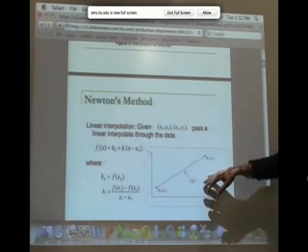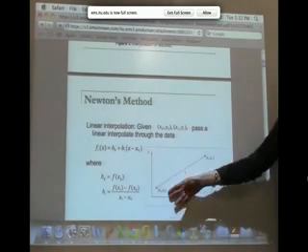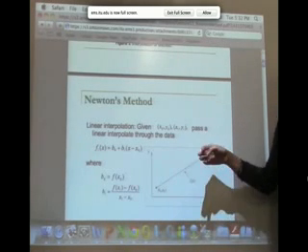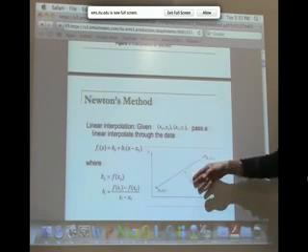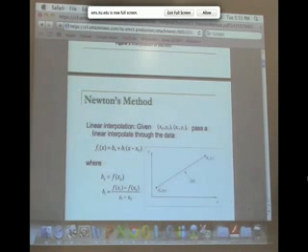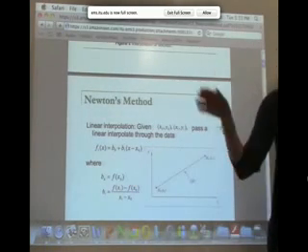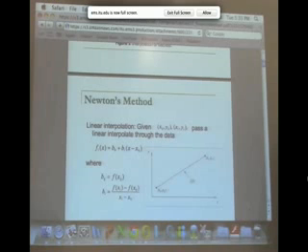Similar to what we had for the direct method, we just defined the slope of this line and so on. But the main thing for Newton methods are these b0, b1, b2 up to bn. It depends on if we are doing the linear, quadratic, cubic, and so on.